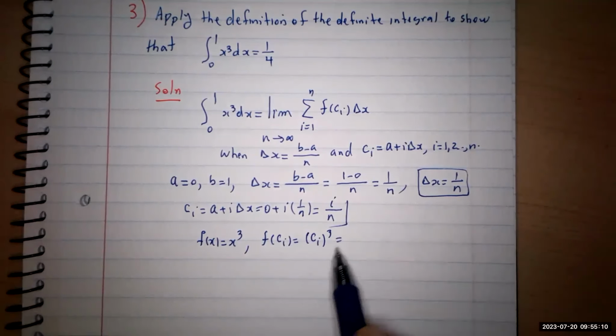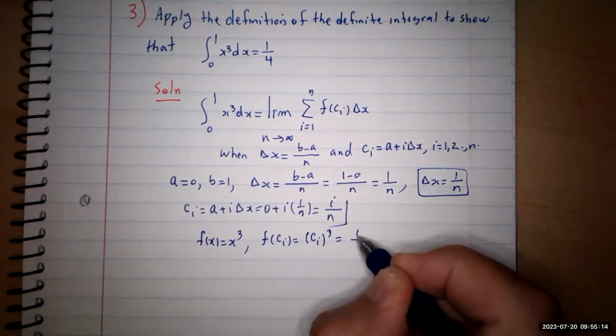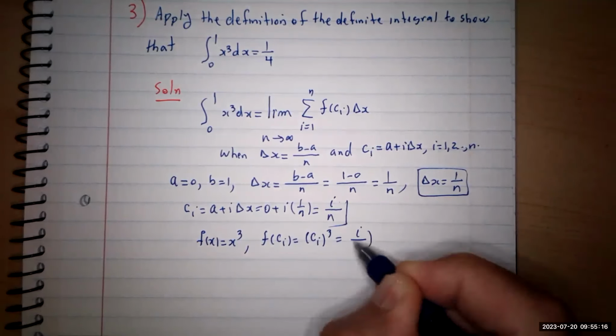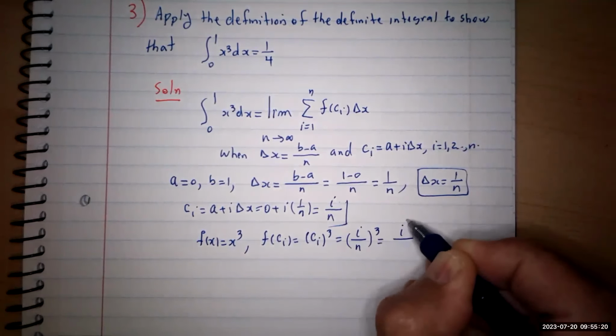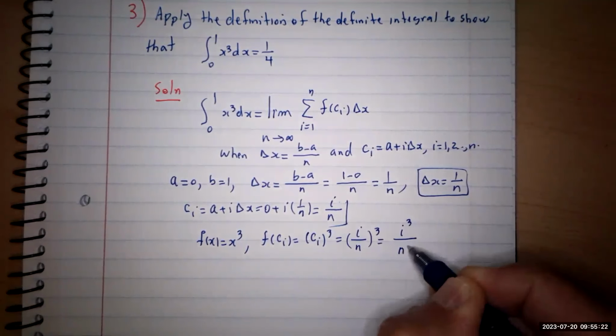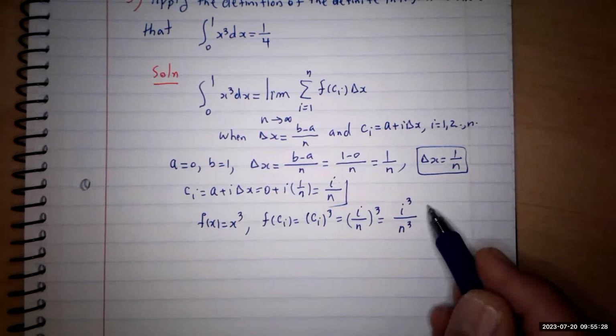But what is c_i? c_i is i over n. Substitute i over n cubed. So that gives you i cubed over n cubed. So that gives you f of c_i.